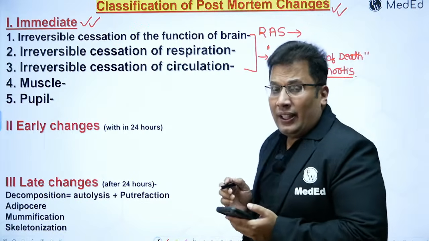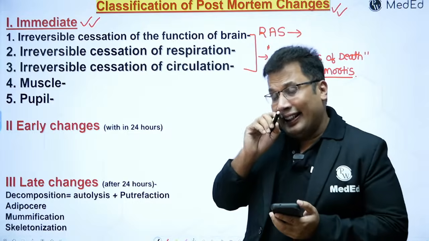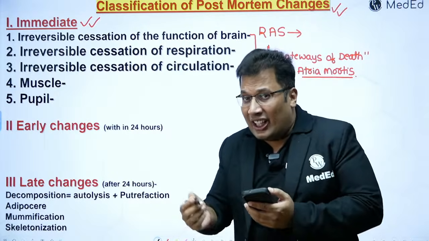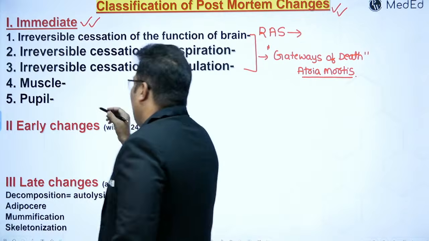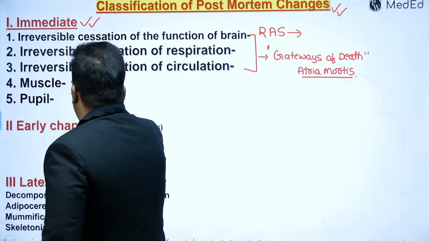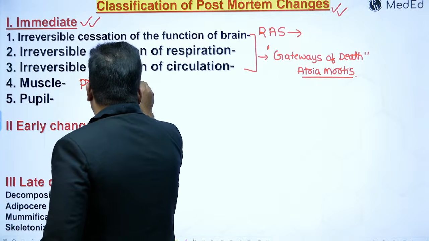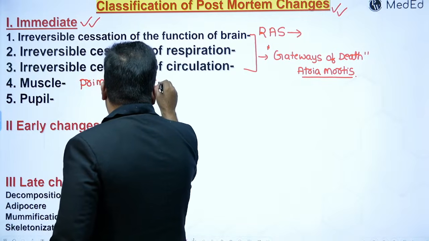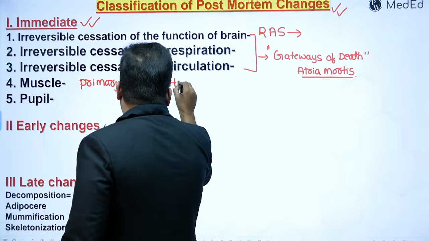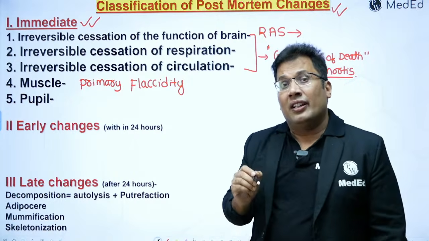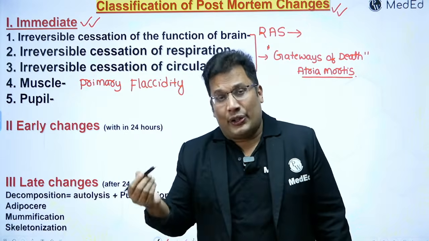Then there is one important muscle change in case of death that is basically known as immediate change, that is primary flaccidity. Primary flaccidity means primary relaxation of muscle.